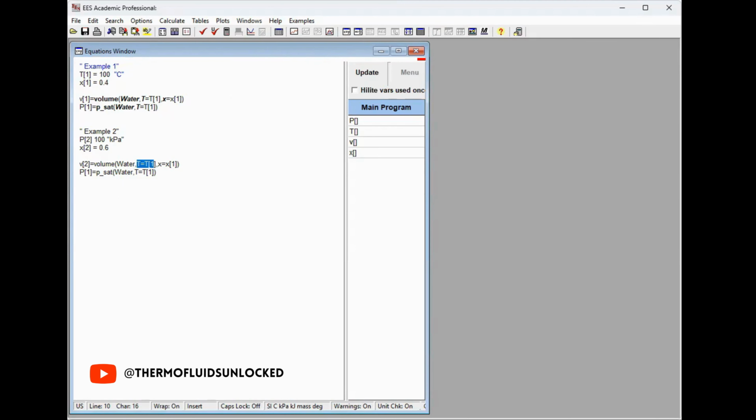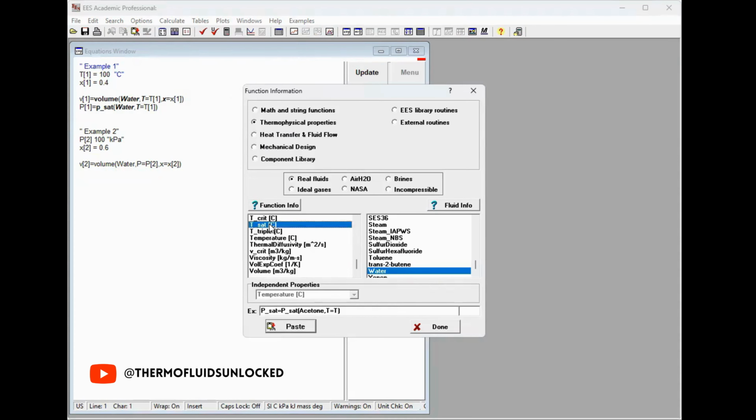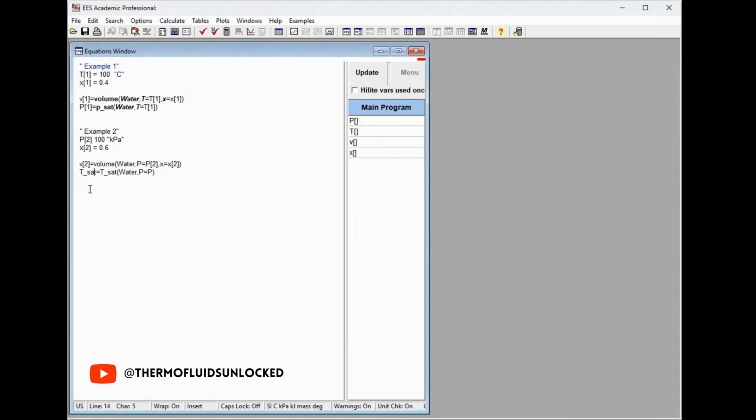Here I just need to simply change it to P equals P2, and X equals X2, and it asked for T. I can just go and paste the function for Tsat and paste it here, correct the naming, and hit the solve button.